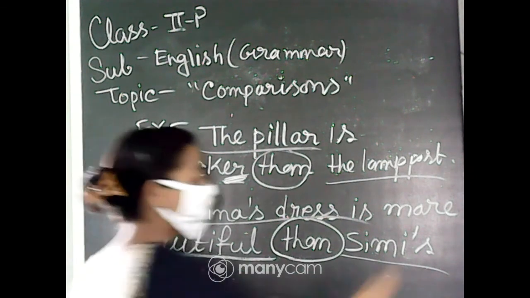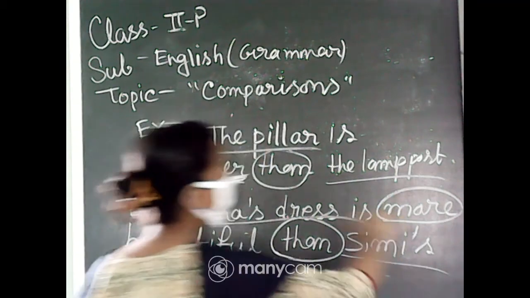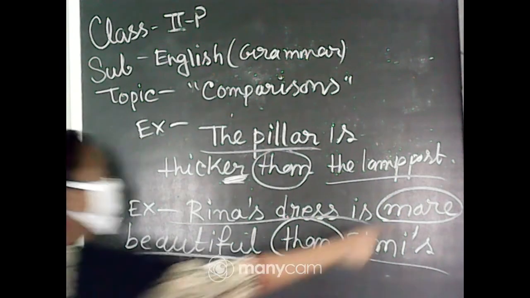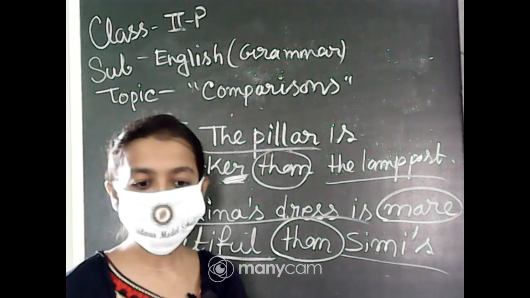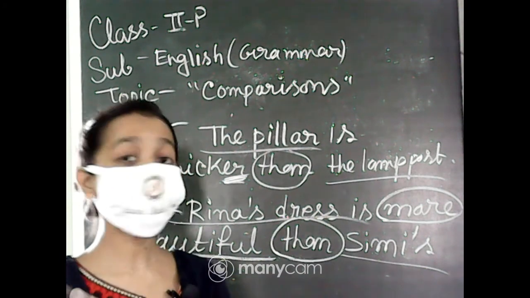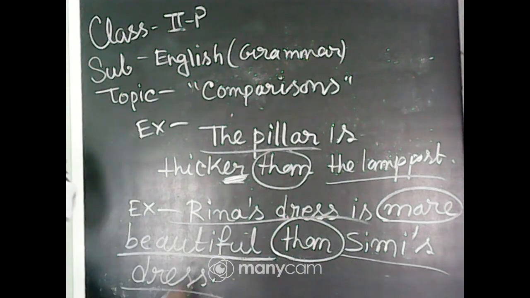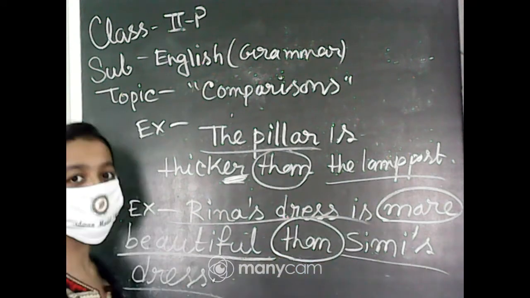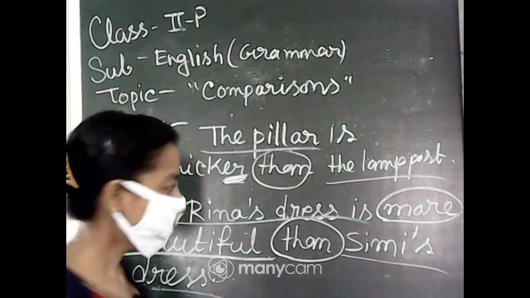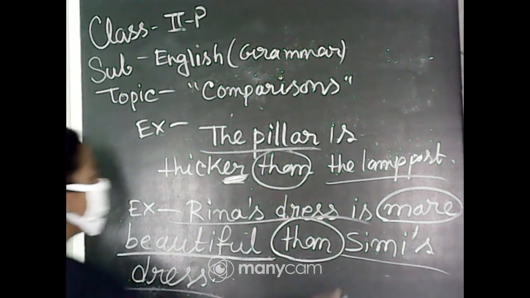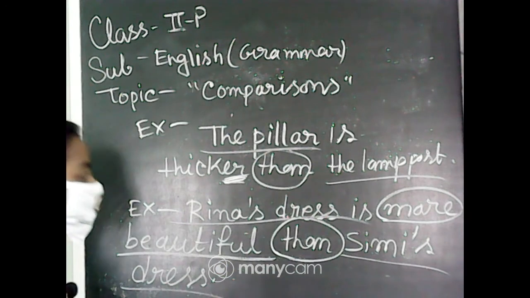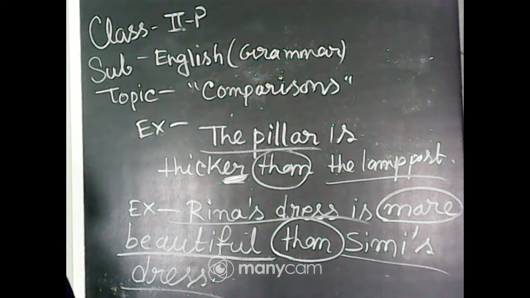Rather than that, what did we do? We have added more before beautiful. So we have to keep it in mind that in some cases we need to add more before the word to show comparison.